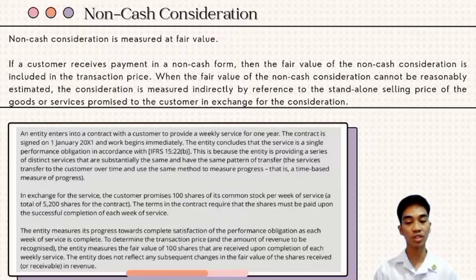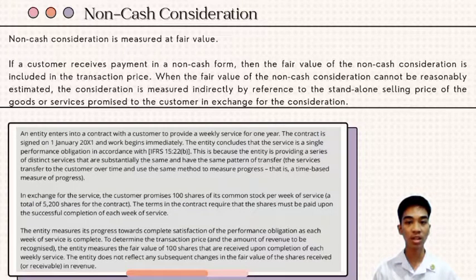Take a look at this illustration showing entitlement to non-cash consideration. An entity enters into a contract with a customer to provide a weekly service for 1 year. The contract is signed on January 1, 20X1 and work begins immediately. The entity concludes that the service is a single performance obligation in accordance with IFRS 15, paragraph 22B.